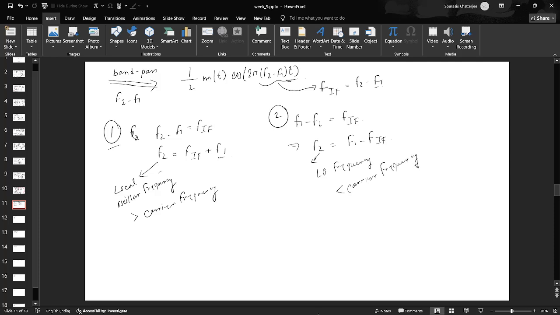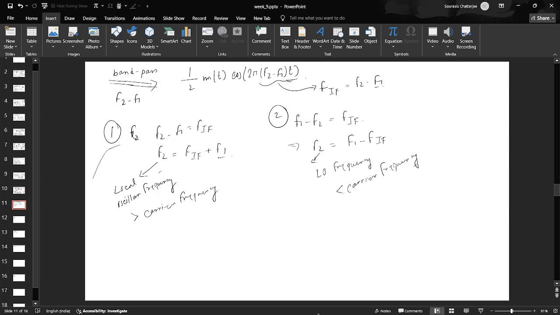So in these cases the intermediate frequency remains identical, but it's just which local oscillator frequency we choose, and that is what distinguishes the receiver.